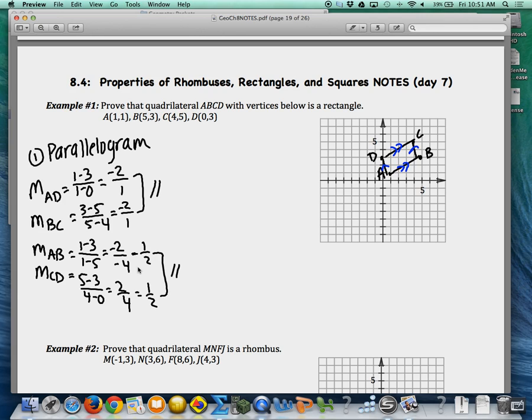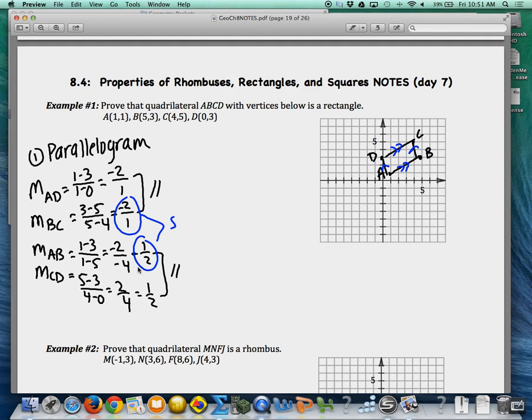What's another way to say that you have right angles? Perpendicular. Okay, is there a way to show that lines are perpendicular? Slopes are opposite reciprocals. Do we have that? Yeah.